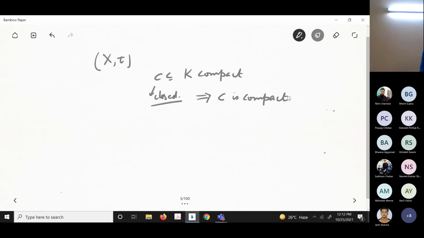Now look, the idea is if you have a closed and bounded set in Rn, you can think of R square for your convenience. R square means this slate, this paper. Suppose in Rk, A is closed and bounded.